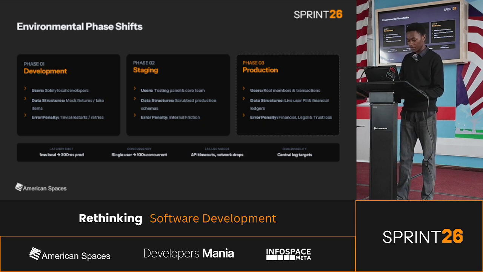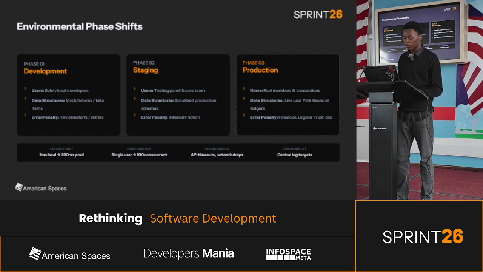Then you have concurrency. You tested alone in production, but here you meet 100 users. It's not the same as how you are testing in the staging method.